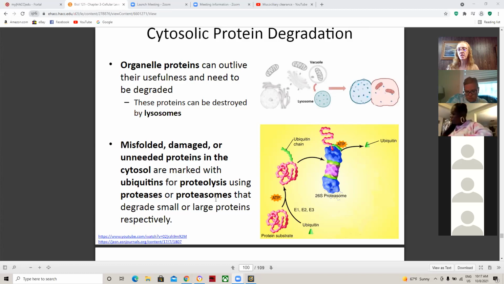Proteasomes are a large enzyme structure that will break down proteins. So when misfolded, damaged, or unneeded proteins are in the cytosol, they are marked for destruction by adding a ubiquitin tag to it. And the proteasomes will then break down that protein.